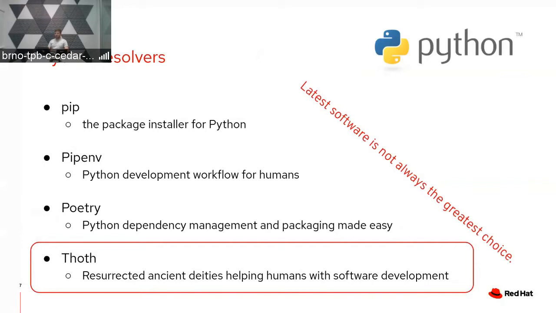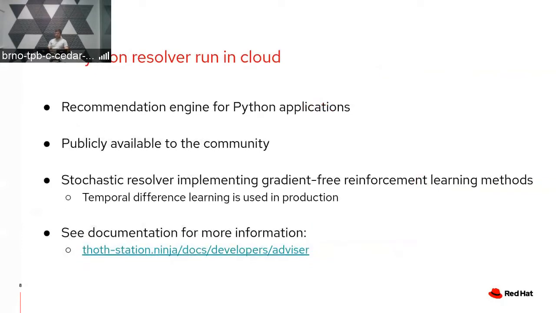This way, Thoth resolves not the latest software, but as mentioned, the greatest possible software that is considered to be the best choice for clients' applications. The recommendation engine is implemented using gradient-free reinforcement learning methods, so it's not a backtracking algorithm as in the case of pip, for example. And the resolver is, as mentioned, run publicly, available to the community.